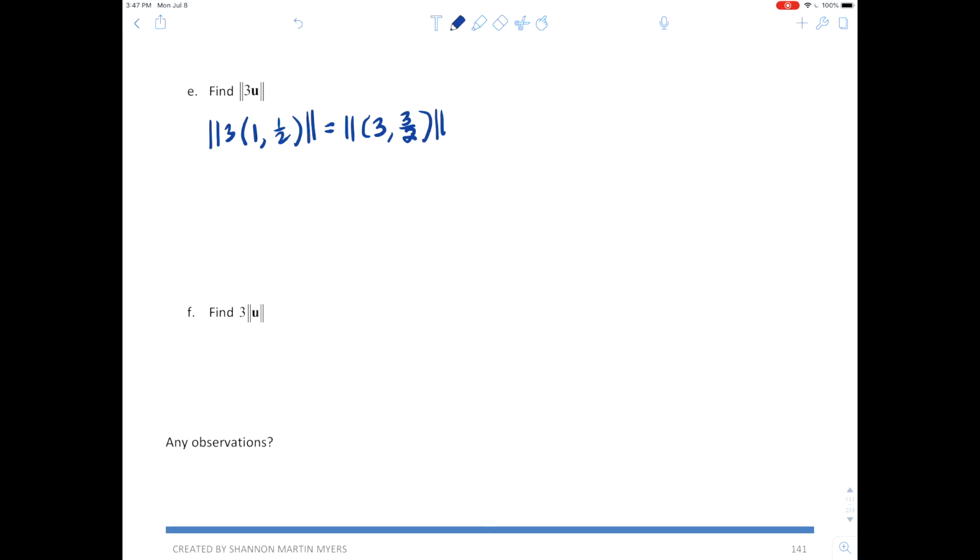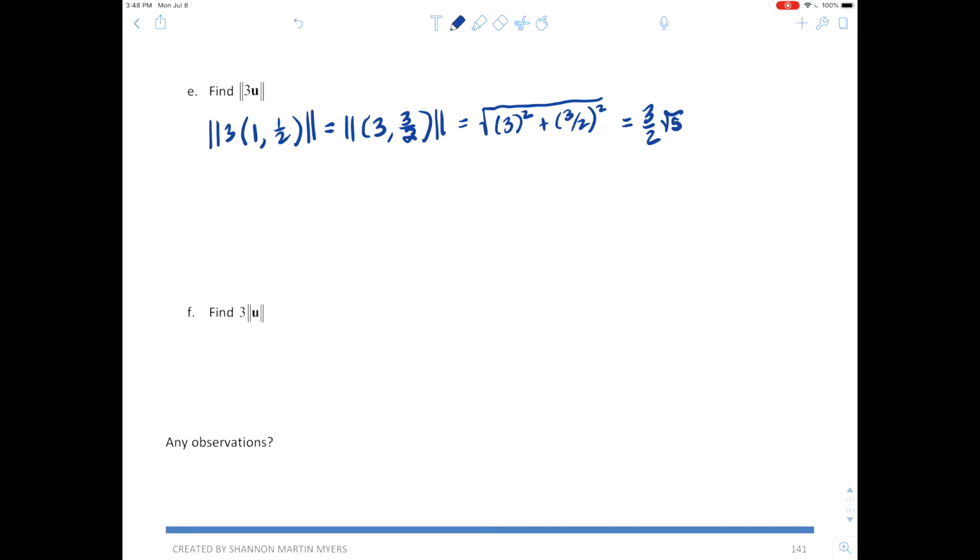And then this magnitude would be the square root of 3 squared plus (3/2) squared, which will be what? 9 plus 9/4. So we'd have, when simplified, good, 3/2 root 5.